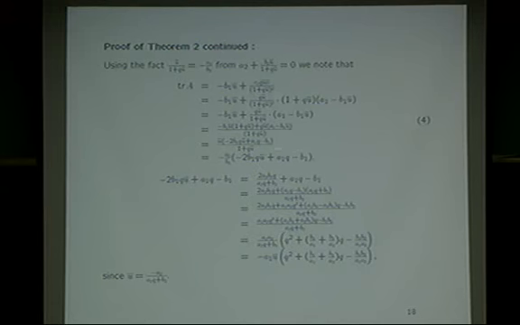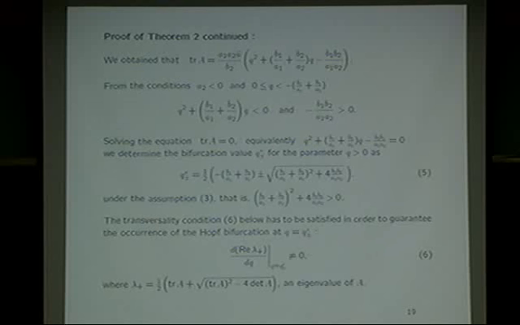If you reduce this part more, then you obtain this one. So here we can see the quadratic equation of Q. From that quadratic equation of Q, you can determine the parameter value for the bifurcation.